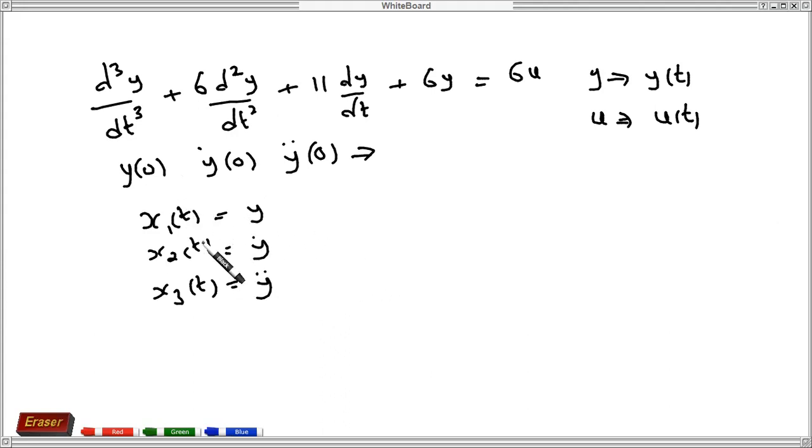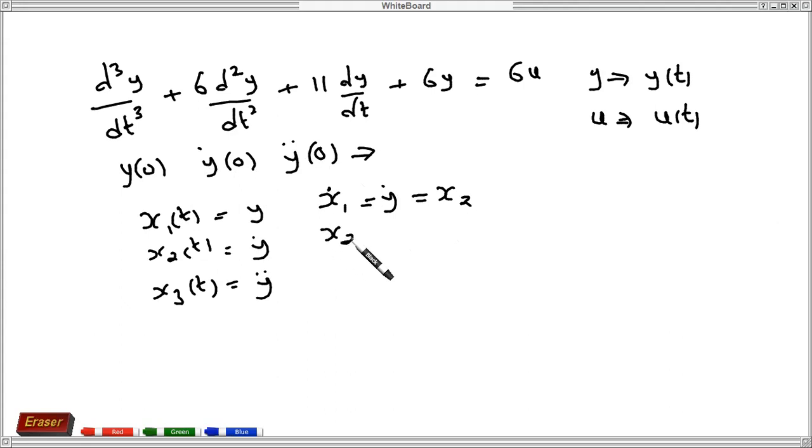From these state variables, x1, x2, and x3, which depend upon the initial conditions y of 0, y prime of 0, and y double prime of 0, we can obtain the first derivatives of the states as follows. x1 derivative is equal to y derivative, but y derivative is x2.